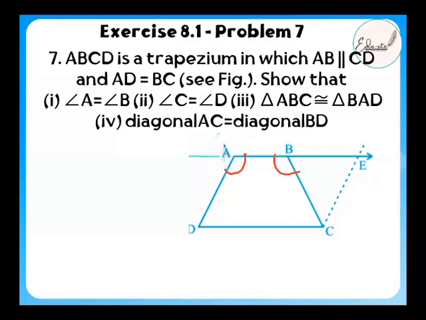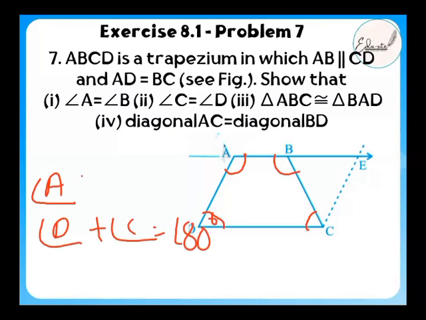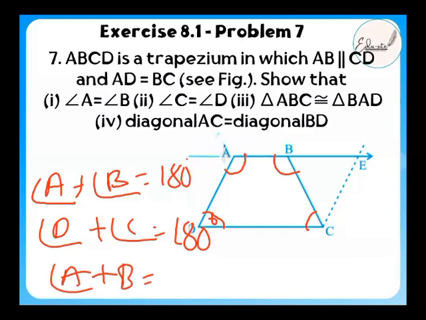So we know that in a trapezium, if we add the interior angles, then we'll get angle D plus angle C is equal to 180 degrees, and also angle A plus angle B is equal to 180 degrees, right? Angle D plus angle C is equal to 180 degrees, right?